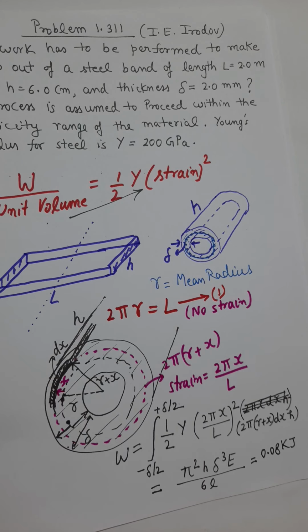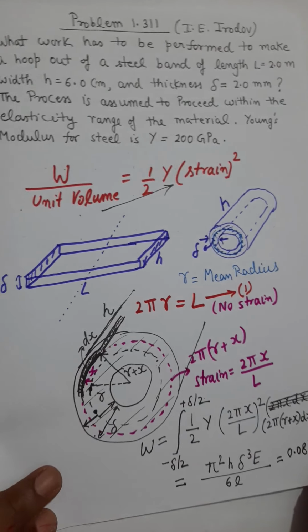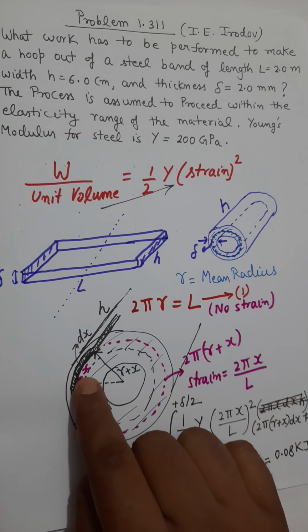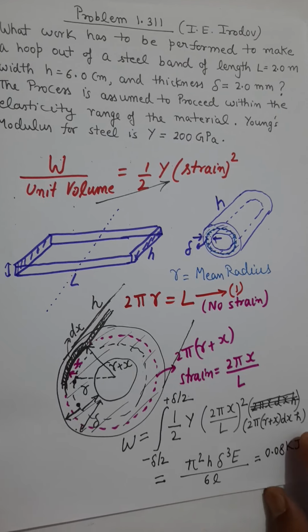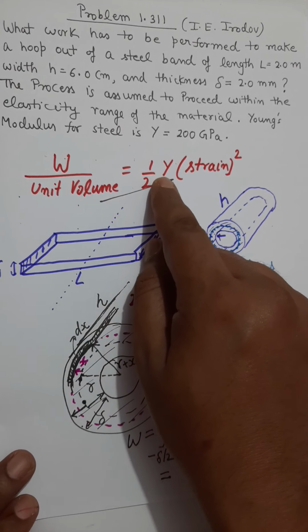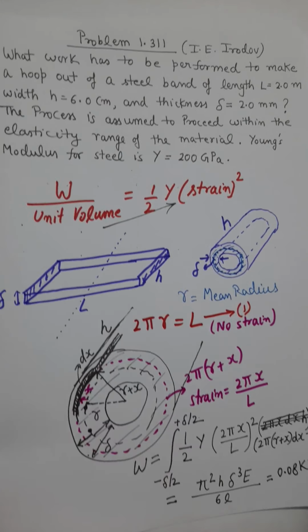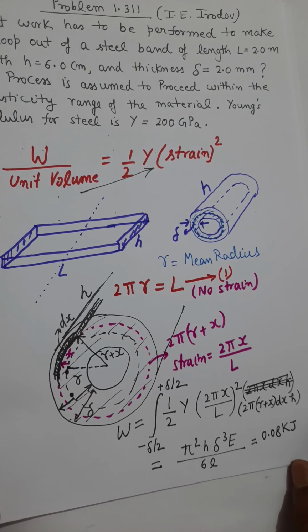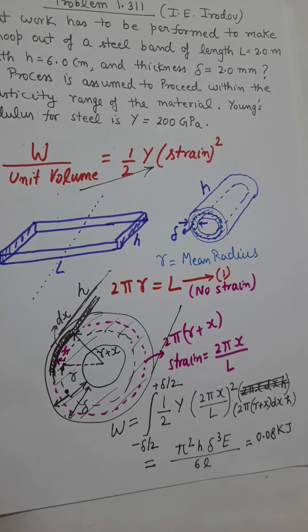Not an easy problem. You have to think about this fact. You have to think about the calculation of the strain portion. You have to think about the work done per unit volume, which is half Young's modulus into strain square, right? And then you have to be careful while integrating this result.